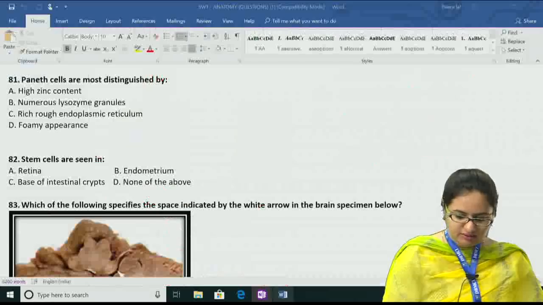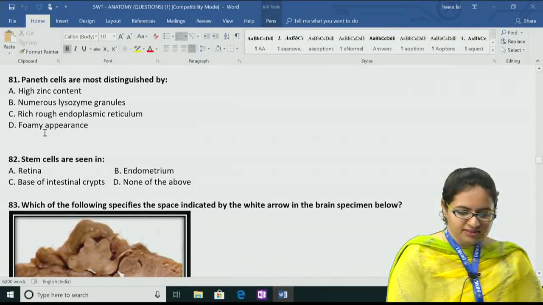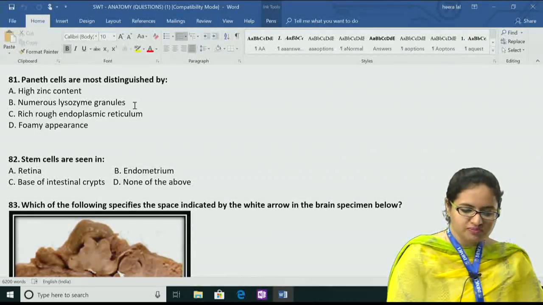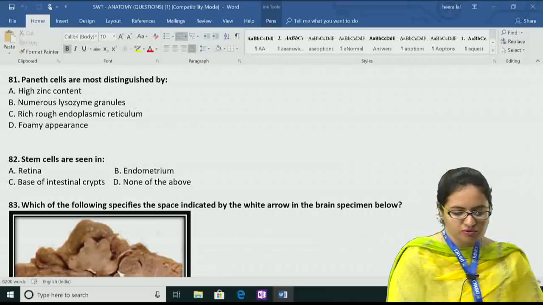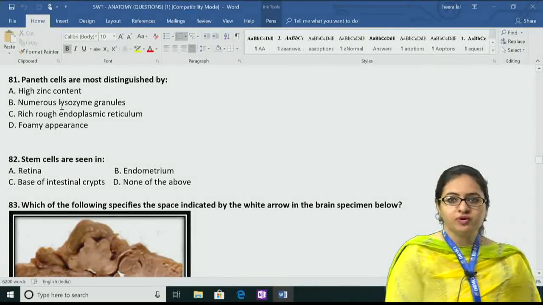The Paneth cell is most distinguished by the numerous lysozyme granules. Though the high zinc content and rich rough endoplasmic reticulum are also present, the characteristic feature is the numerous lysozyme enzymes. The foamy appearance is given by the mucus cells.